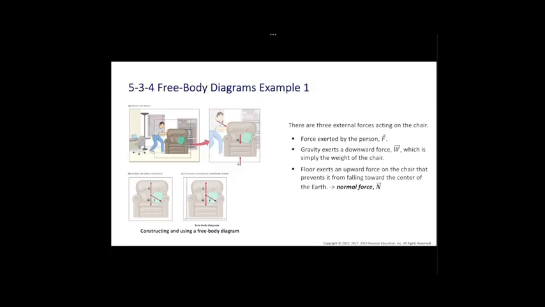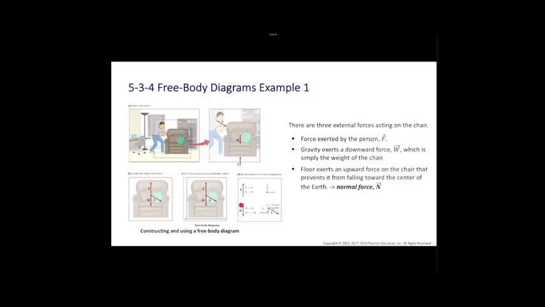Now we can resolve each of the forces into components using the coordinate system we chose. In two-dimensional motion, we learned how to find the components of vectors. The force is in this direction with an angle of theta, so the x component is F cos theta, and the y component is F sin theta, but it is directed in the negative y direction, therefore it's negative F sin theta.